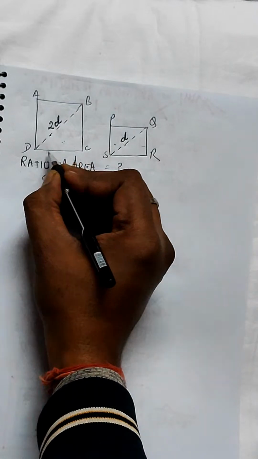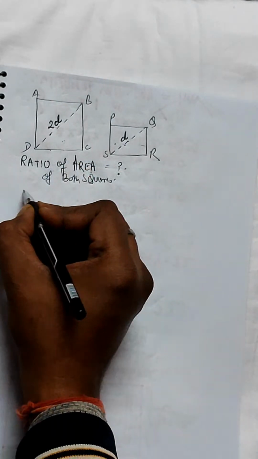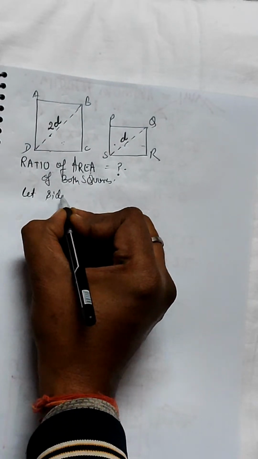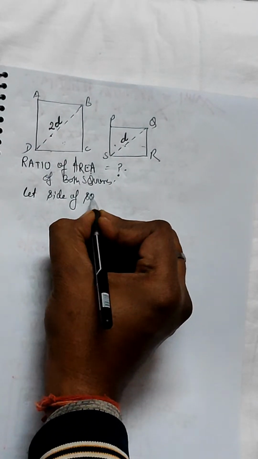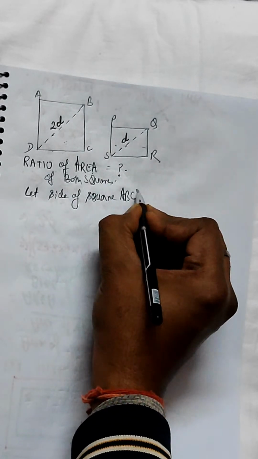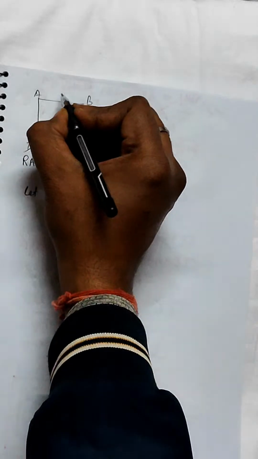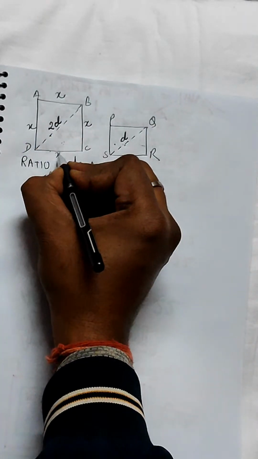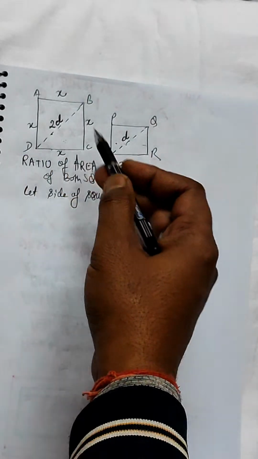So let us assume that the side of the square ABCD equals x. So x, x, x and x, because it's a square, so all four sides are equal, right?